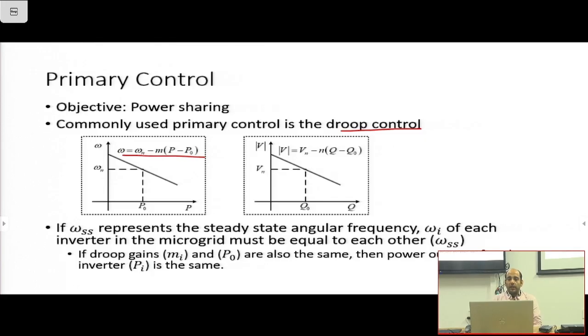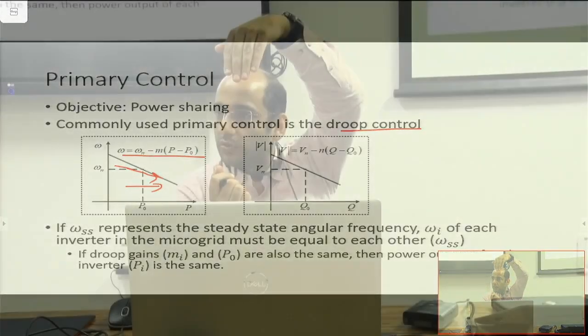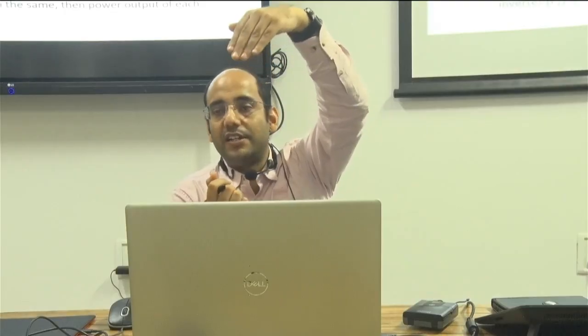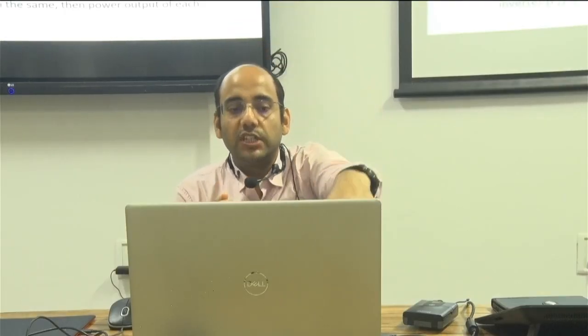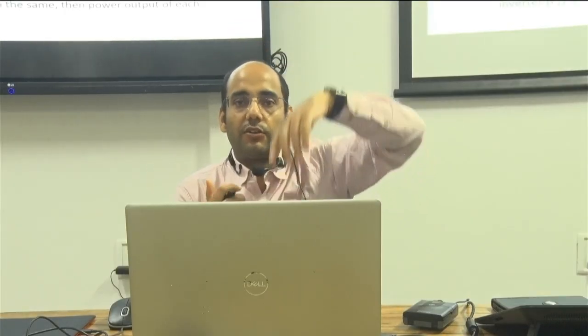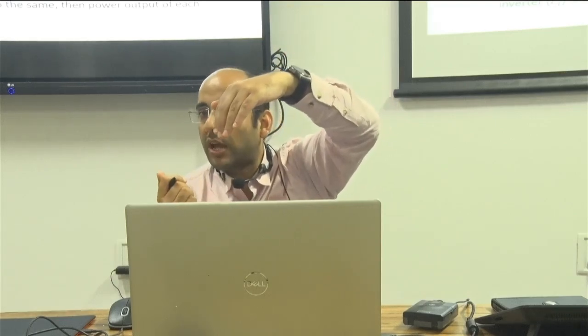As you see here, this is a function of power. As my power increases, I go on this axis, my frequency starts to come down. So take for example the previous case when you have a source here and here. Initially this source is giving more power because it is electrically closer to the load. What happens then, its frequency we are forcing to come down due to this nature. What happens then?